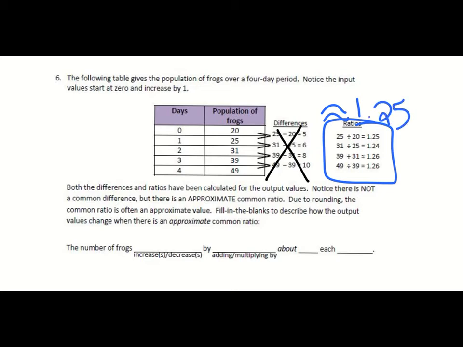So we need to get an approximate common ratio. Due to rounding, sometimes you have to do an approximate. So my number of frogs is going to increase by multiplying by about 1.25 each day.